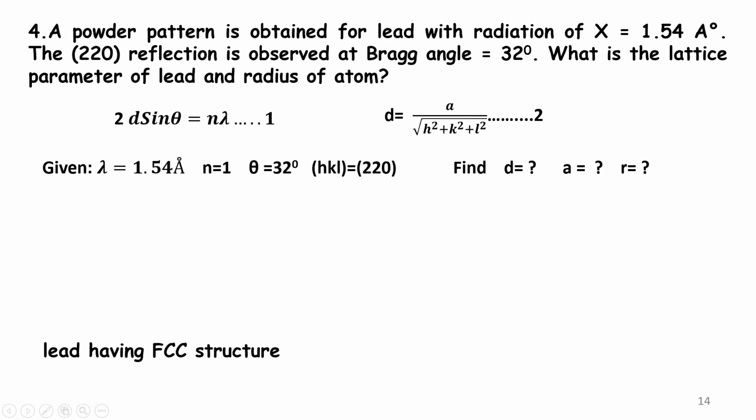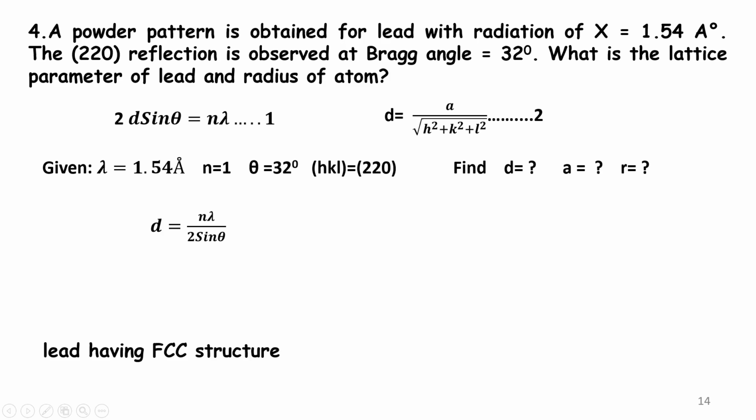The order of the reflection is given, n is equal to 1, and the angle of the reflection, that is the glancing angle, is given corresponding to the plane having the Miller indices 220. So you have to find the value of d, a, and the radius of the atoms.